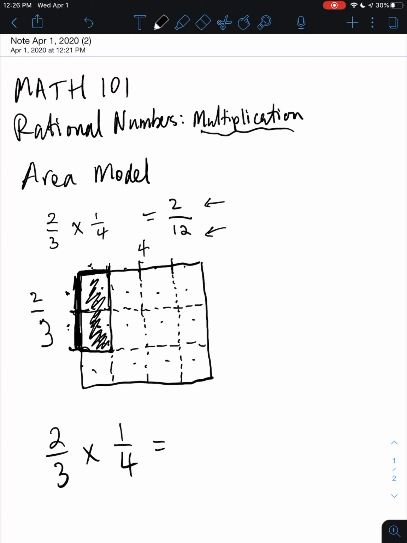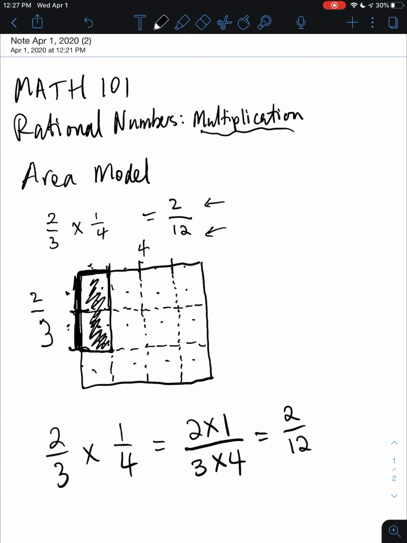2/3 times 1/4: I multiply the numerators and I multiply the denominators. You should practice this with a few other fractions and see that the area model always gives us the same result as multiplying the numerators and multiplying the denominators.